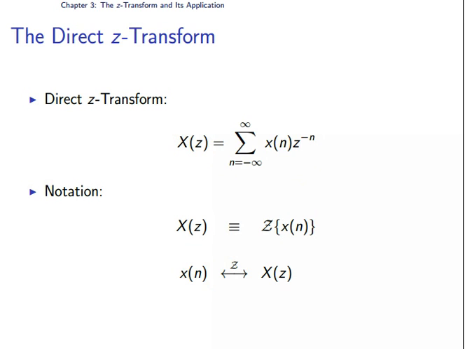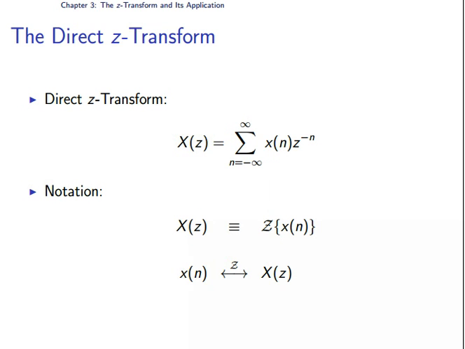That means we can calculate the time domain signal from the signal in the Z domain. If you take the inverse Z transform of this X of z, then we get the time domain signal. That's why we use this type of transformation.